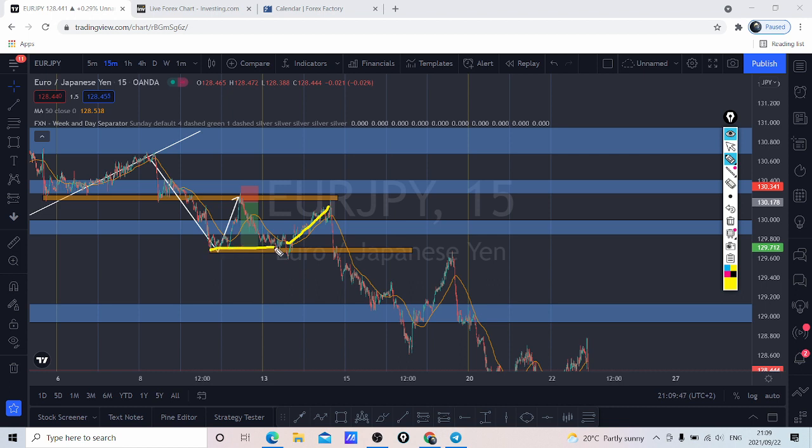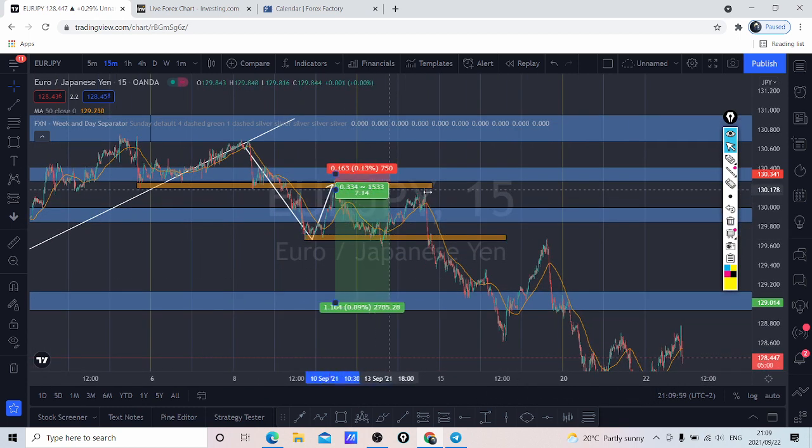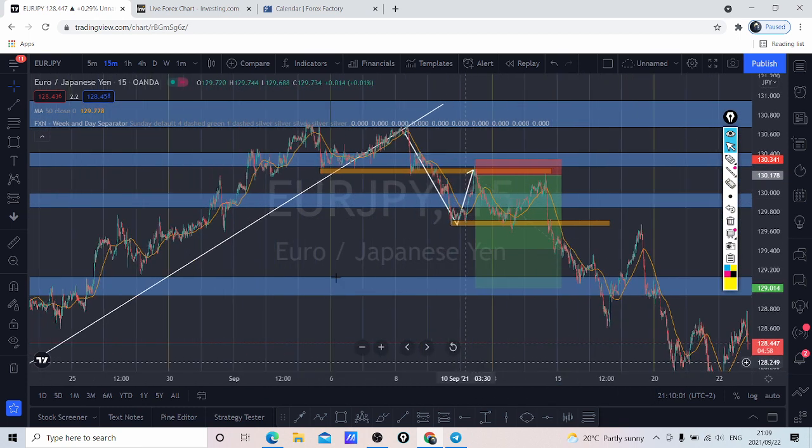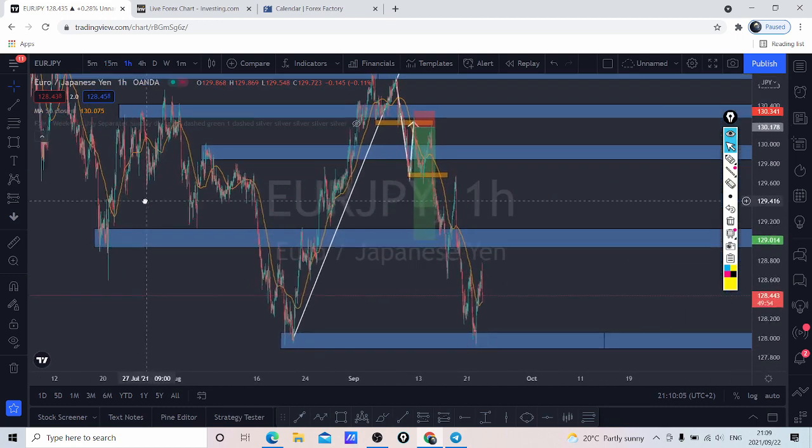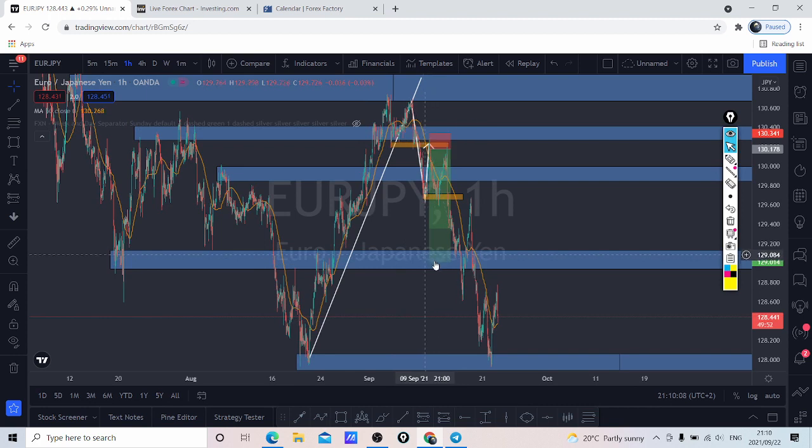For day traders, they should be out by that time. But for people who are holding, people who know that the overall market is telling us to hold a sell, then your next TP is supposed to be something like this.